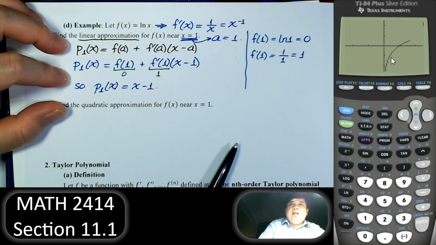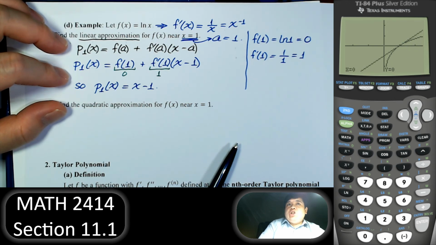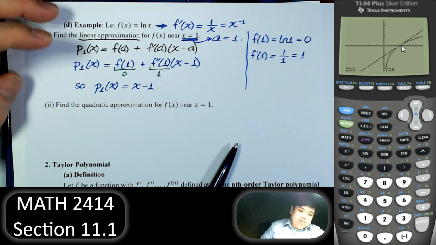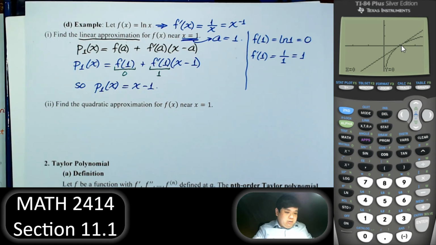Now, to estimate the values of the curve, we can use the line, but we have to be close to x equal to 1. The closer to x equal to 1, the better the approximation. If it's further away, it's not a good approximation. But it's a tangent at 1, so that is the linear function.